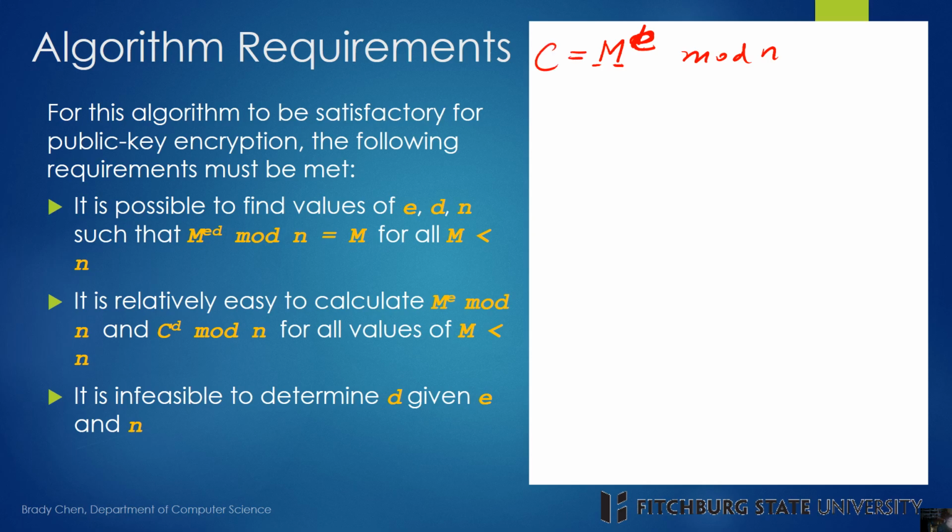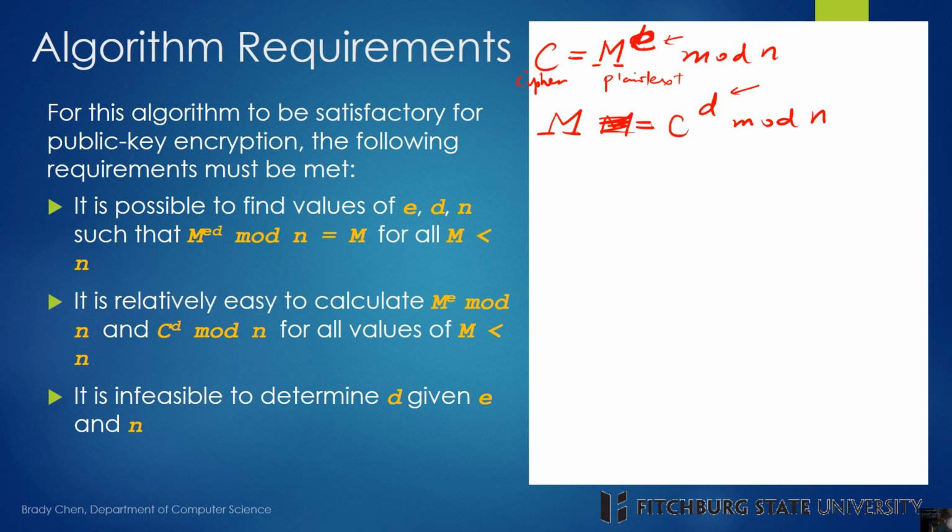That's the plain text, and that's the ciphertext. We also said that the decryption should be very similar. We perform C to the D mod N, and we should select the values E and D such that C to the D mod N is M. So we can restore the plain text.